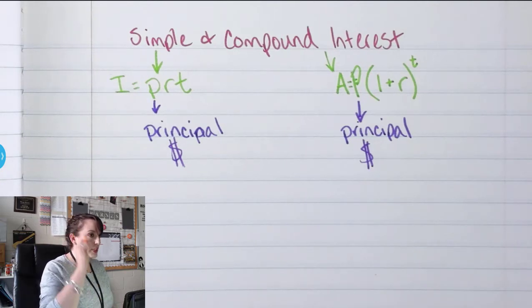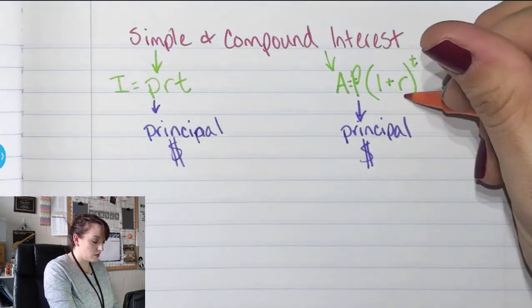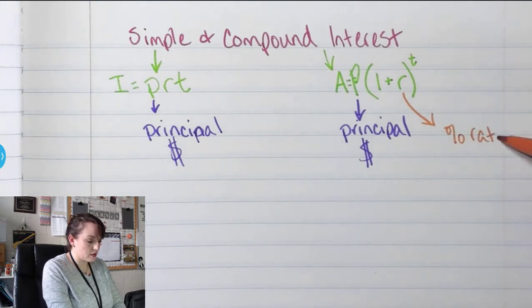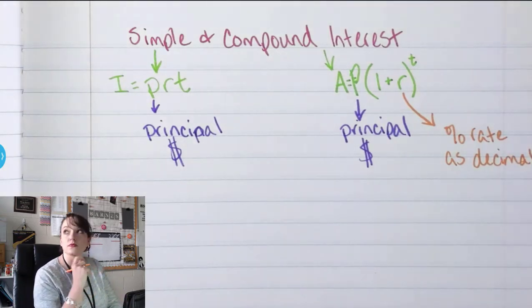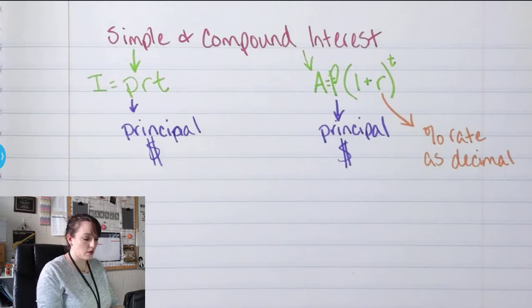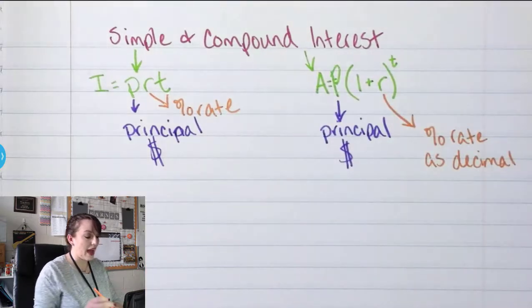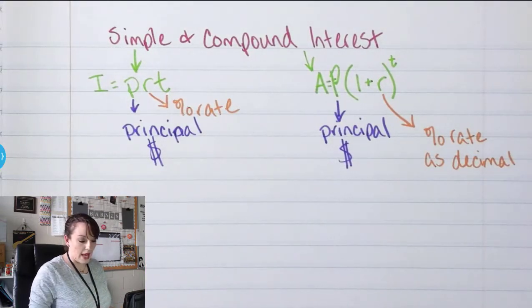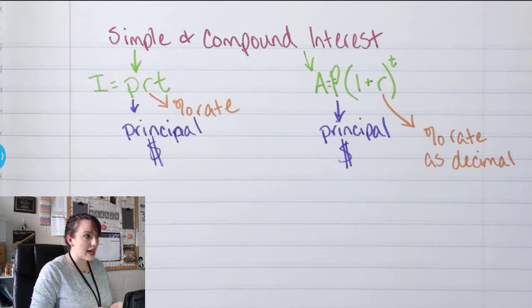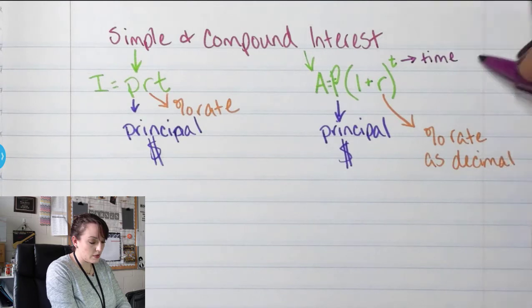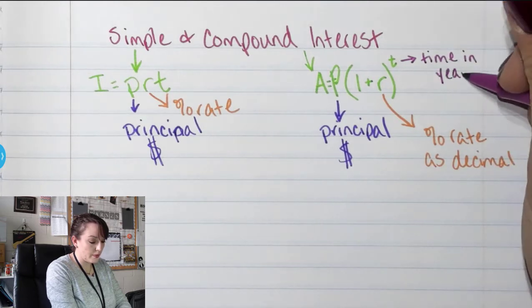R is your percentage rate as a decimal. And then T is time in years. Time in years. Super important.